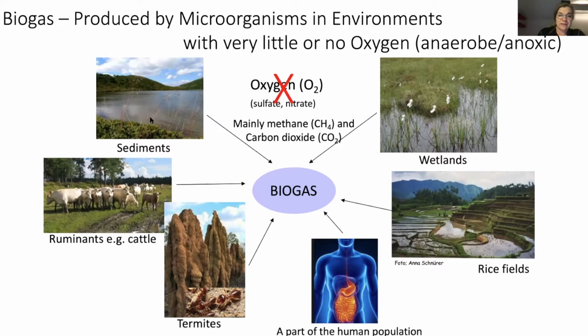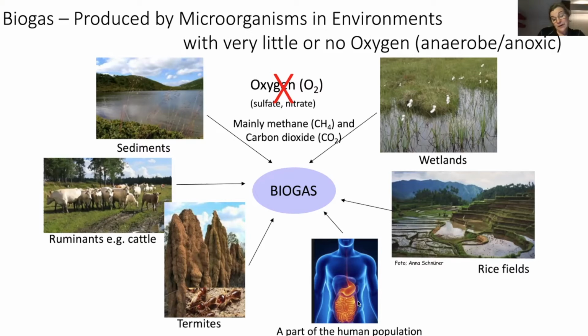And you can find it in sediments and wetlands, in ruminants, in particular cattle. They are high producers of methane, as you know. Termites are a big source of methane production. Of course, rice fields release a lot of methane, and also a big part of the human population, actually.